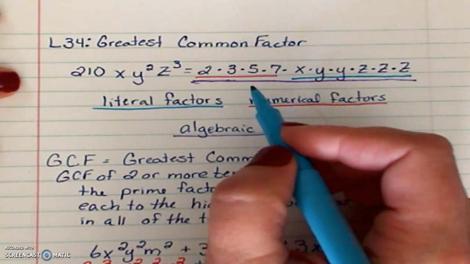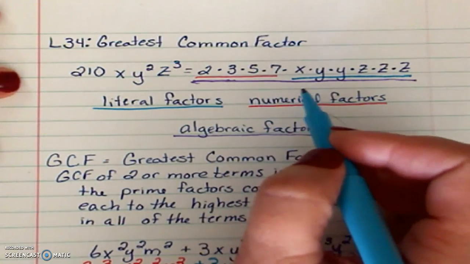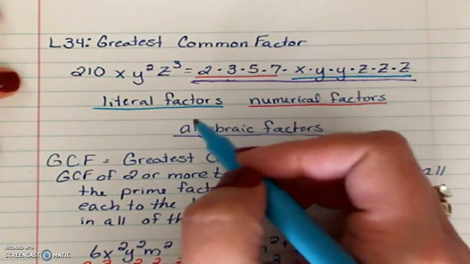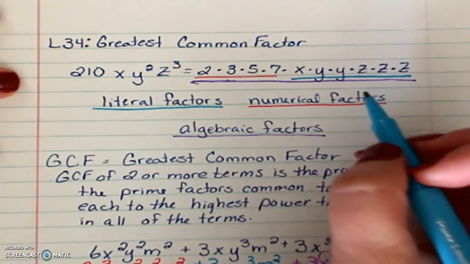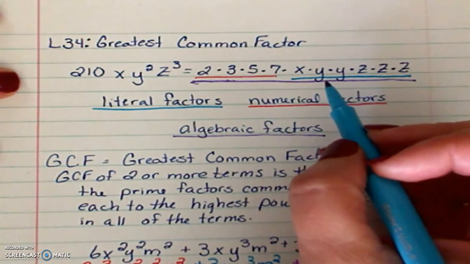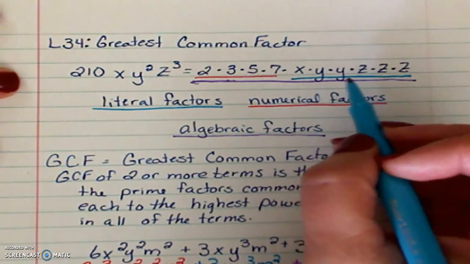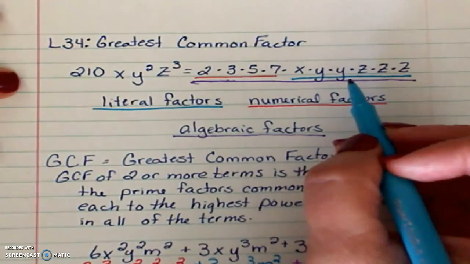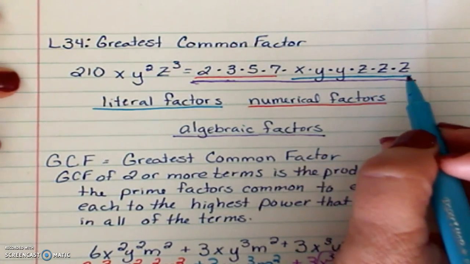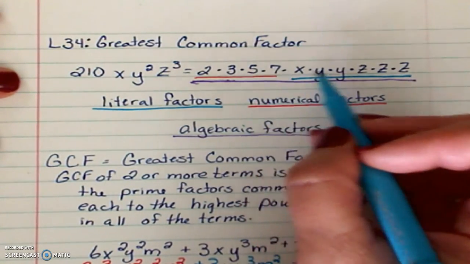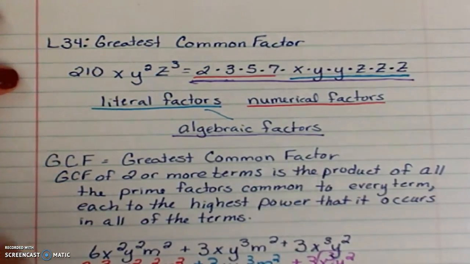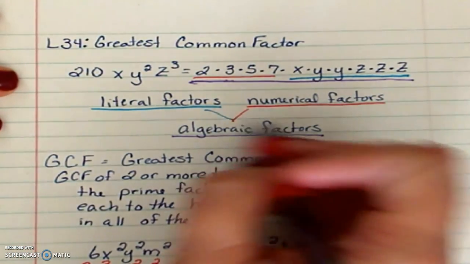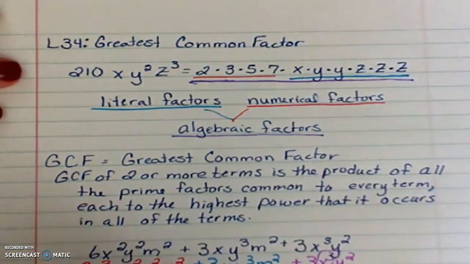That's just your numbers, 2 times 3 times 5 times 7. And we have literal factors, which are just like literal coefficients: x times y times y times z times z times z. Now if you group both the literal and the numerical factors together, we get something called algebraic factors.